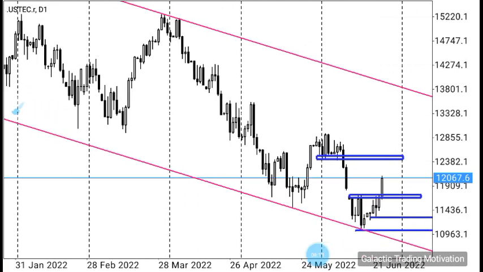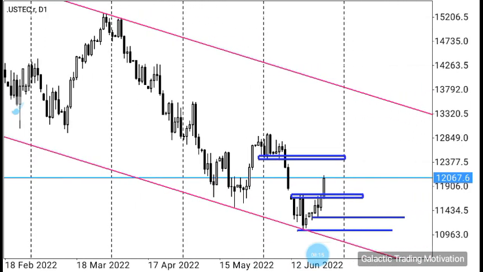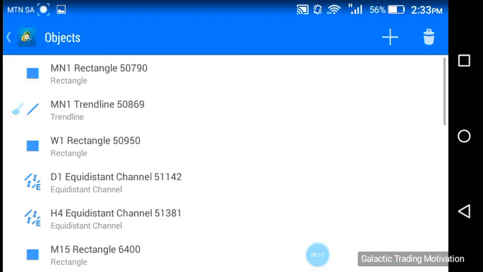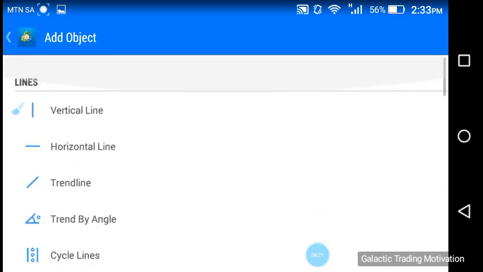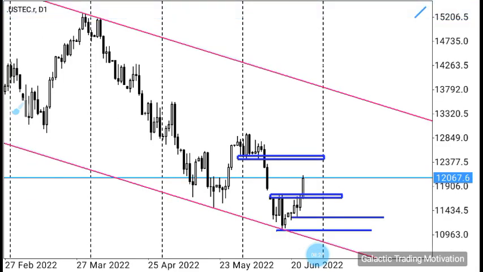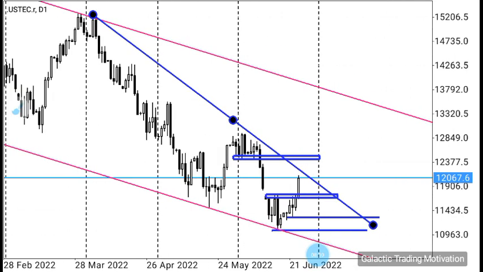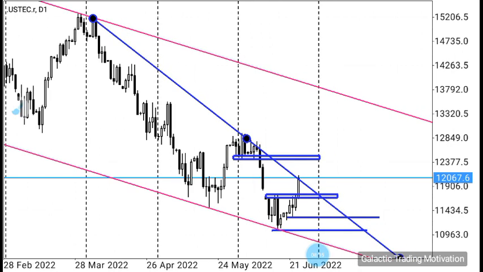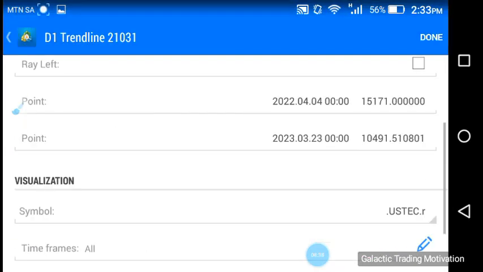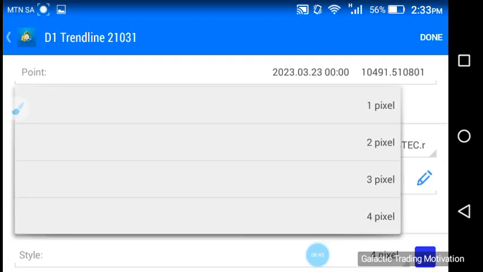Another thing that I'm going to do is draw an inner trend line. Just bear with me. There goes my inner trend line, more or less. And I will also make it a pinkish color.